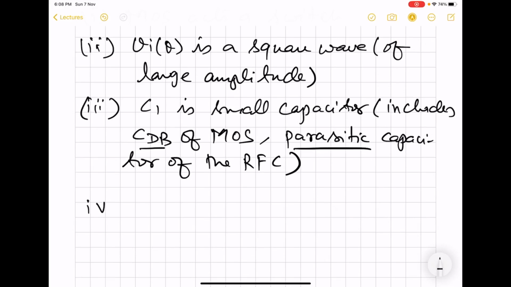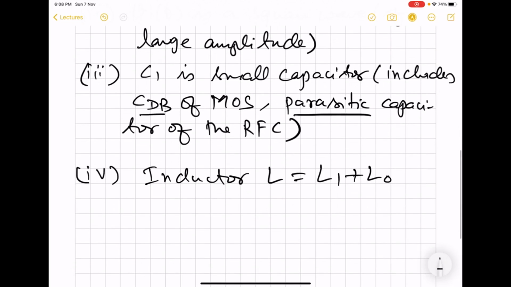And regarding the inductor, which appears in series with C0 in the load network, this inductor L can be interpreted as sum of 2 inductors. And why we are representing this as a sum of 2 inductors?